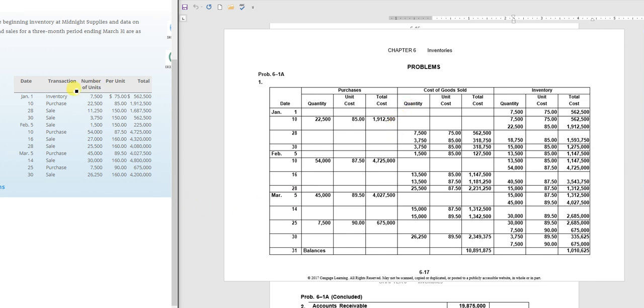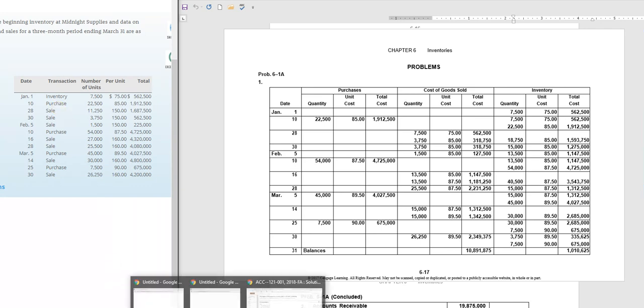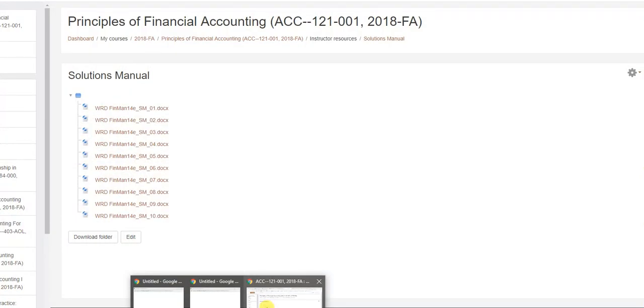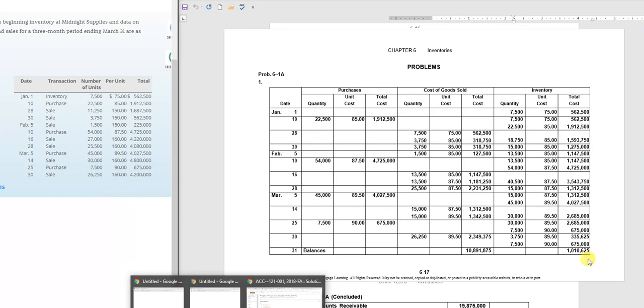So if you would like to print out this problem, you need to go to your online text under Tools, and then you need to, let's see if I can even find it. Okay, you need to go to your online workbook and under Study Tools select the ebook.